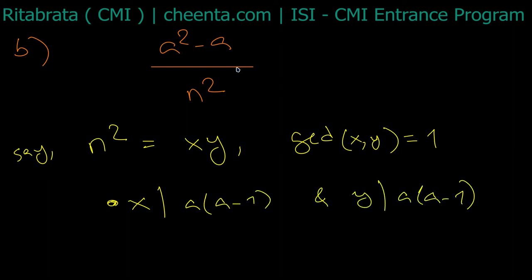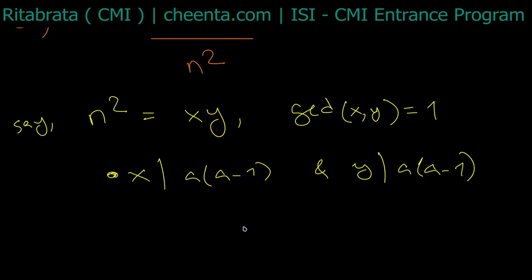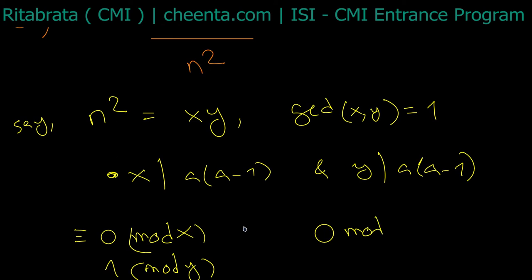And we get a similar case: for a particular factorization, I get two solutions. One is congruent to 0 mod x and 1 mod y. Another is congruent to 0 mod y and 1 mod x. From part A, the calculations are almost similar.